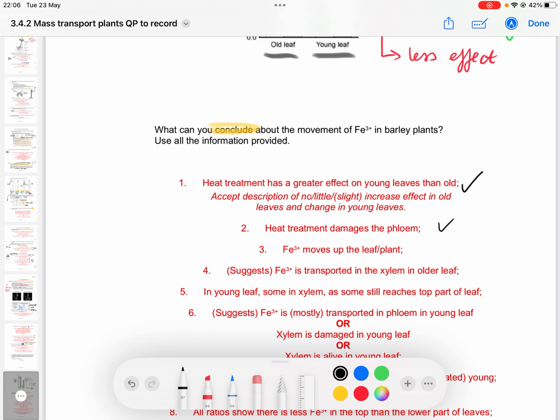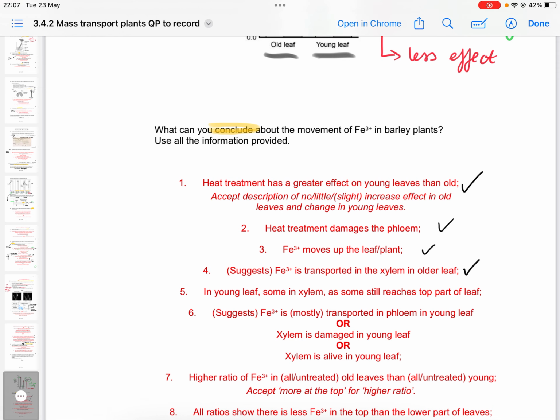Phloem is made of living cells, so that's the same scenario as a second ago. The ions have moved up the leaf, and if they were moving up the leaf, they were moving in all the plants by the xylem. Okay, so that explains the movement here.